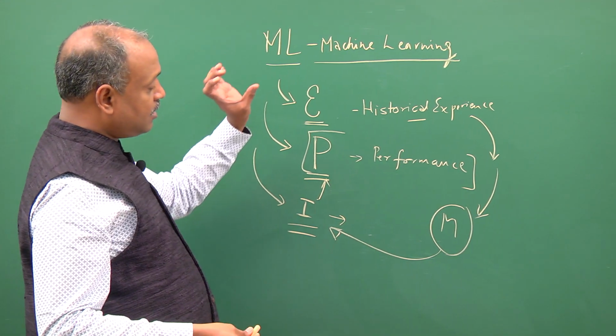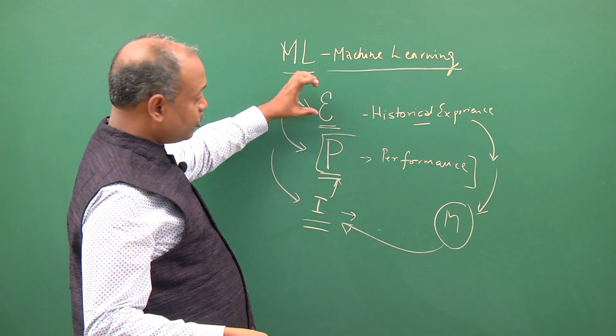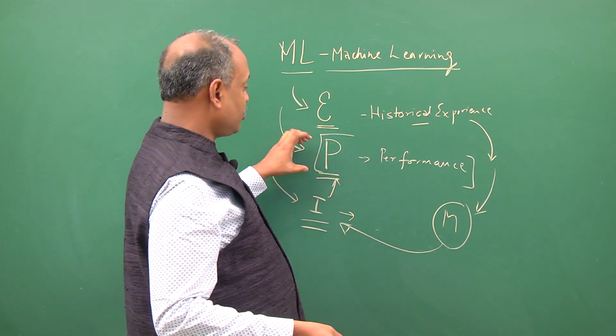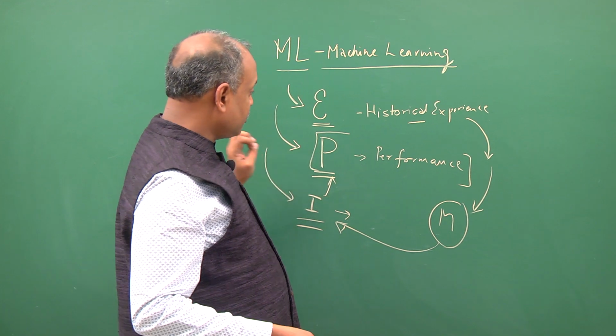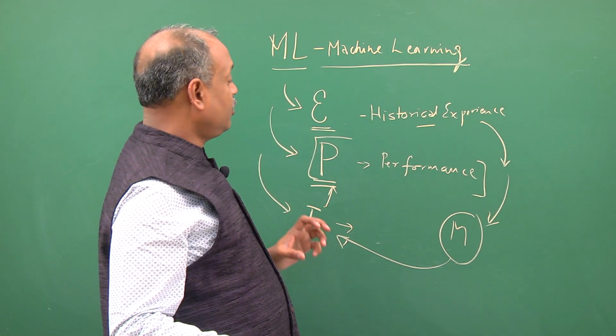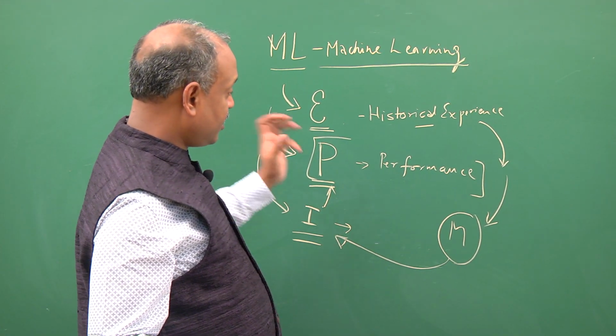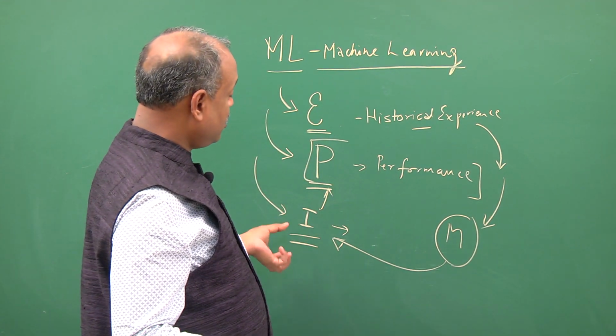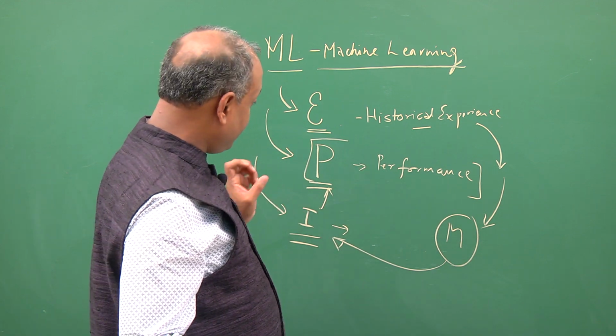So the three key elements are: first, capturing of the historical experience. Second is the notion of an objective performance function. It could be how we can do driving better, or how we can recognize a face better, or how we can predict stock price better, or how we can classify a spam mail better.